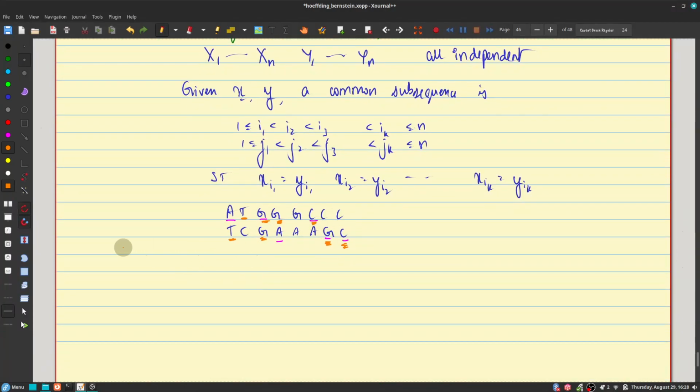Now, let f of x, y be the length of the longest common subsequence.